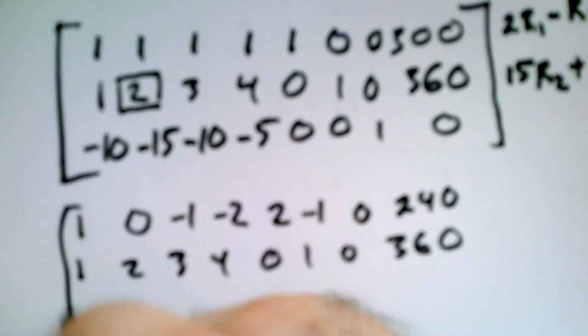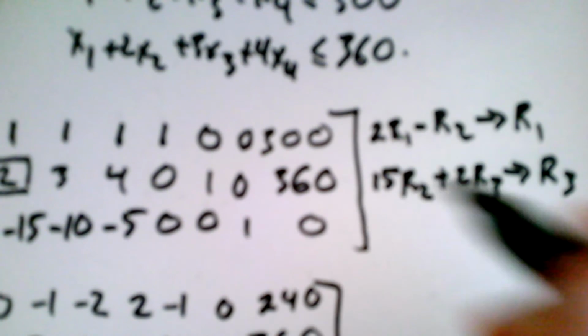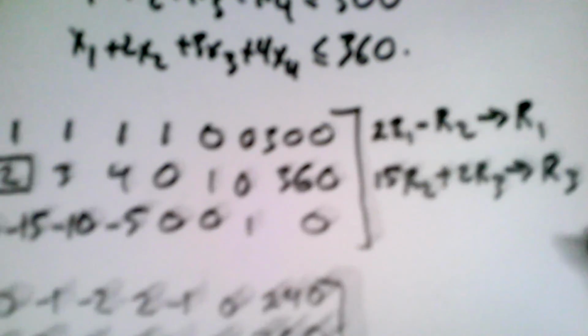Our bottom row is obtained by 15r2 plus 2r3 to r3.